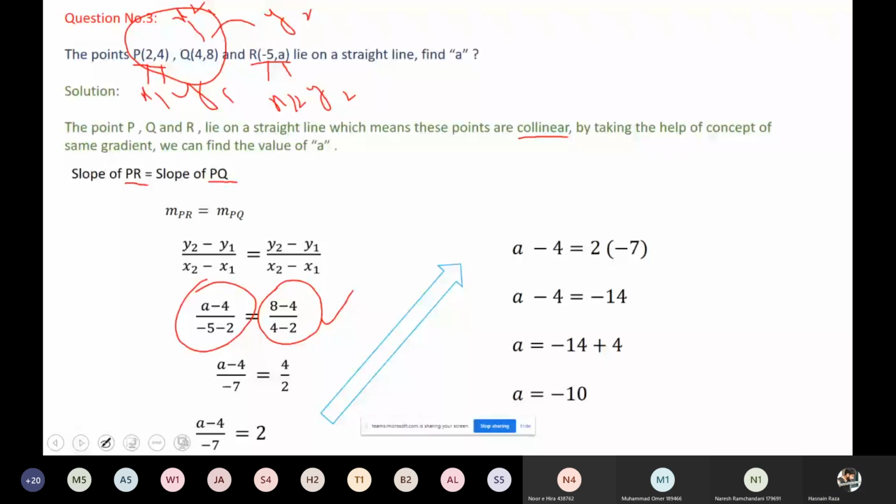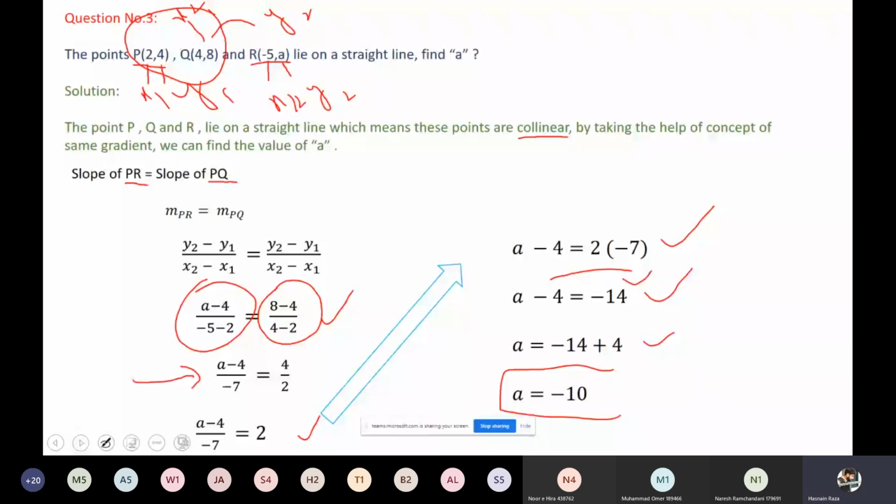Okay. When we solved, we found that a minus 4 upon minus 7 equals positive 2. We shifted negative 7 to the right hand side for multiplication, and then we came to a minus 4 equals minus 14. Minus 4 is to be shifted over there, so it becomes positive 4, and the answer is a equals negative 10.